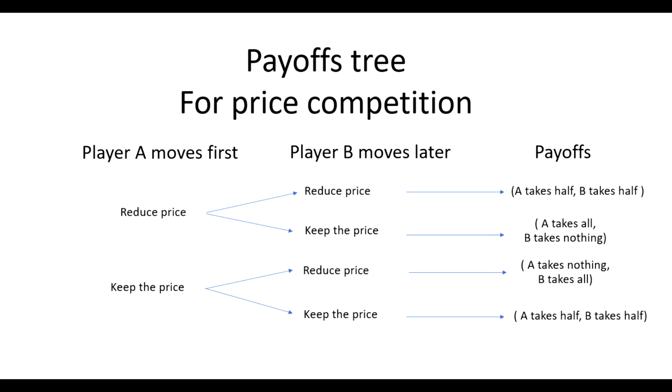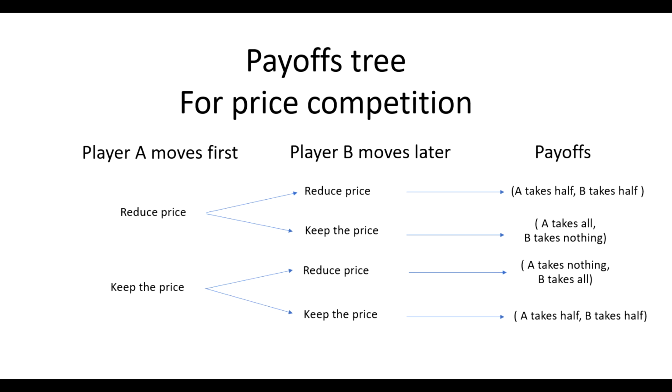Why? Because if there is no single winner, both take half. Then if player A reduces the price but B keeps the price, A takes all because A is the winner and B is the loser and takes nothing.